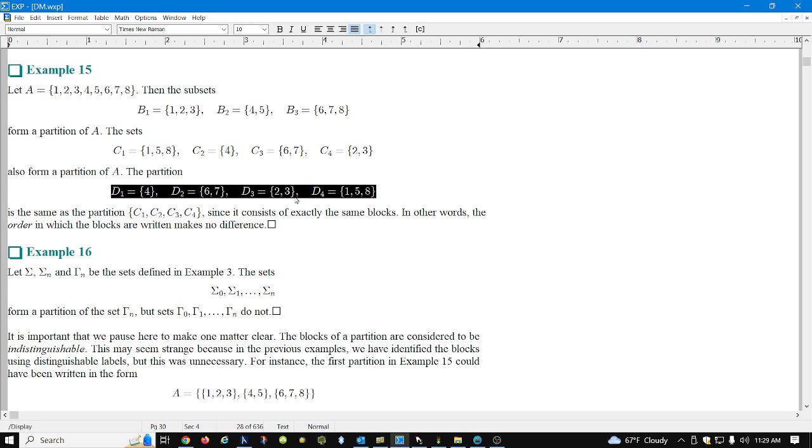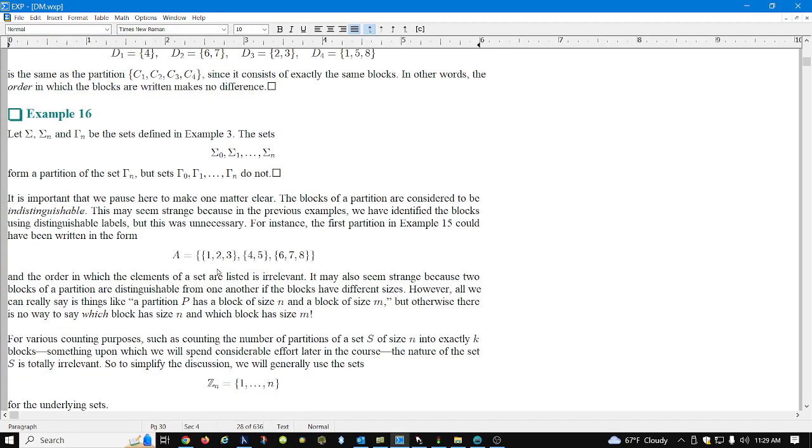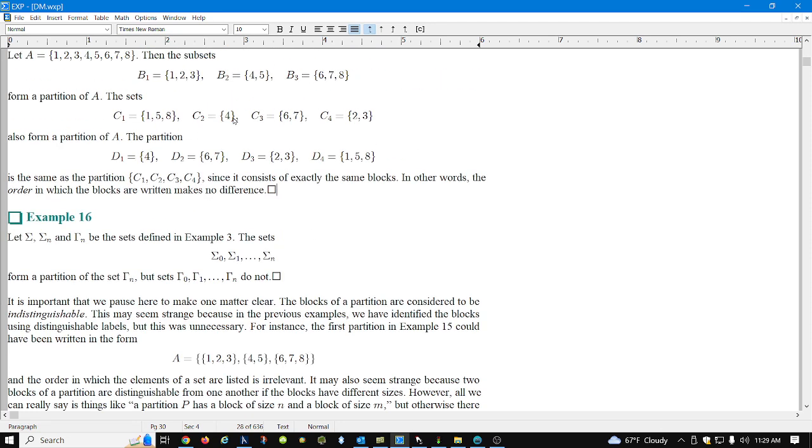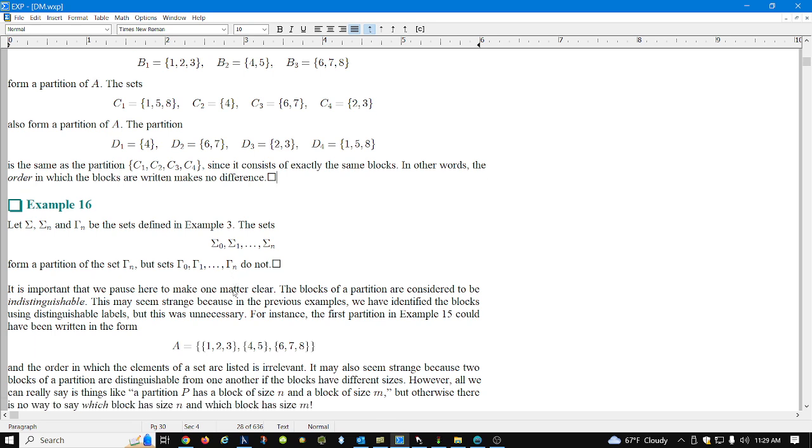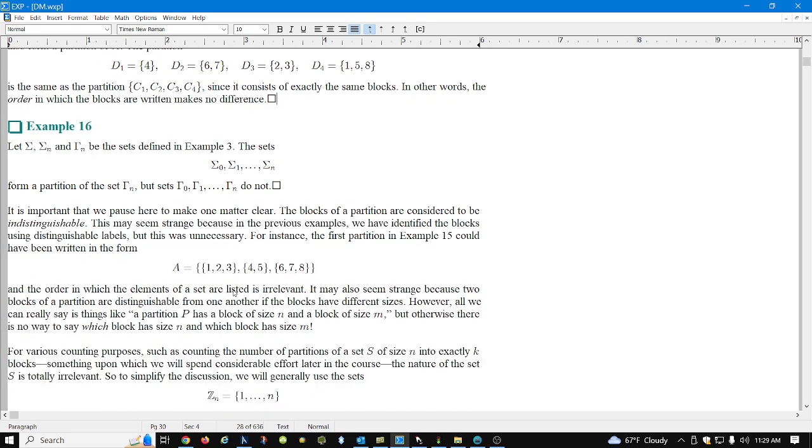Nonetheless, this is common notation because when we're speaking, it's easier for me to say, for example, look at block D3 than it is here to say, well, look at the block containing 6, 7, and 8. So it's a notational convenience, but it's not a mathematical issue. I'll say again, the blocks of a partition are considered to be indistinguishable, even though we may artificially distinguish them by assigning symbols to them so we can talk about them more easily.